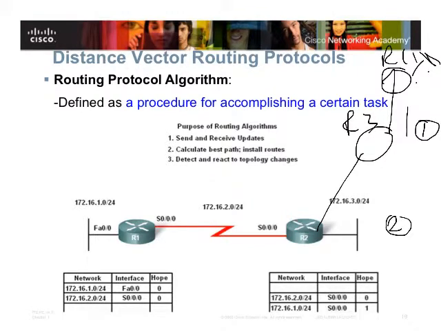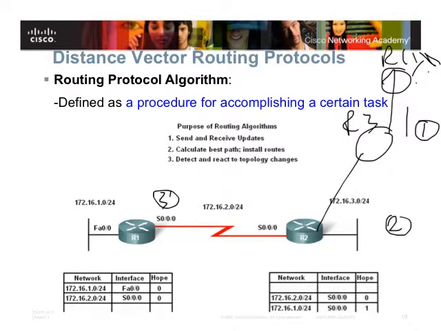When router 2 sends to router 1, the cost will become 3. So for every update, you have to increment the cost by at least 1. Okay? So in that case, router 1 will know that in order to send to this particular network address, the cost will be 3, and I have to send it through router 2. And so on.